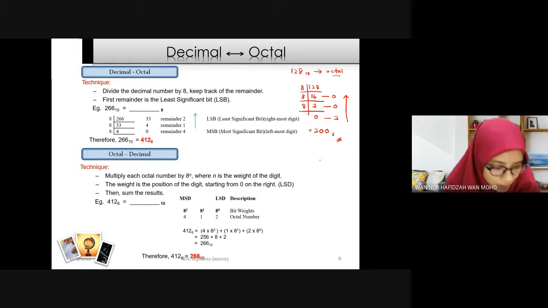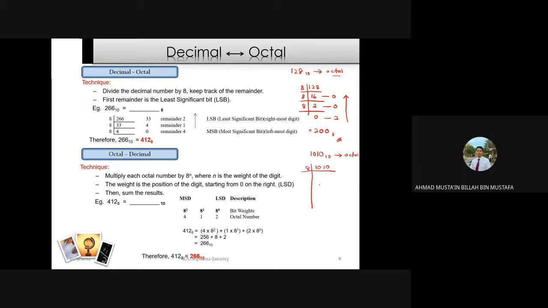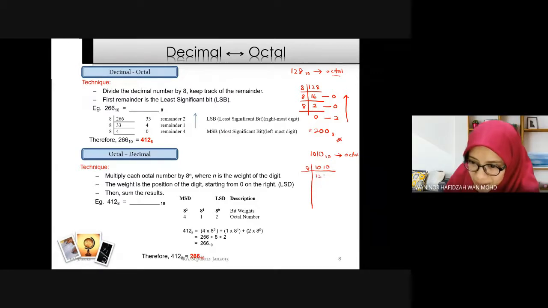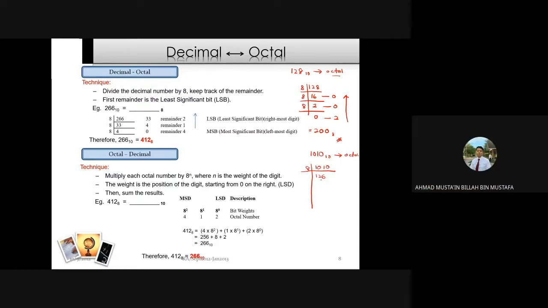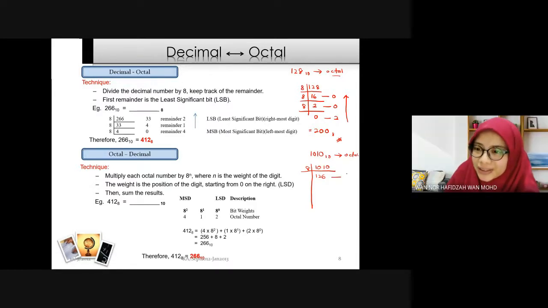Okay, today is 10, is it? 1010. Okay, 1010 base 10 to octal. Start with your calculator. 1010 divide by 8. What is the answer? 126.25. 126, remainder 0.25. 0.25 means 2.